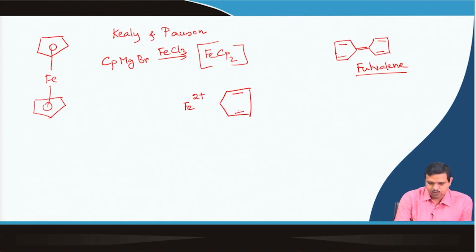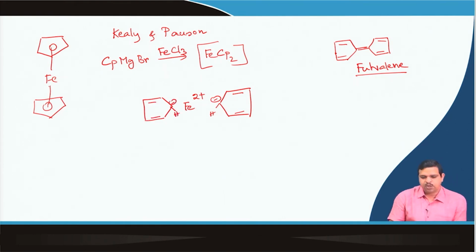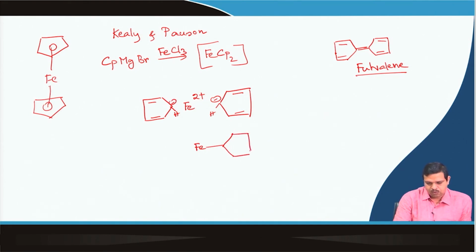Here this is hydrogen and this is Cp minus, so they proposed an ionic model, that this kind of complex has been formed with the help of the ionic model, or this kind of complex with the same composition but a covalent bond model.